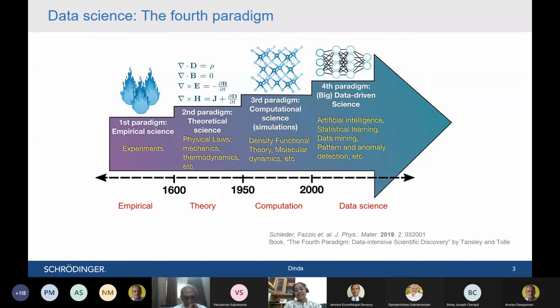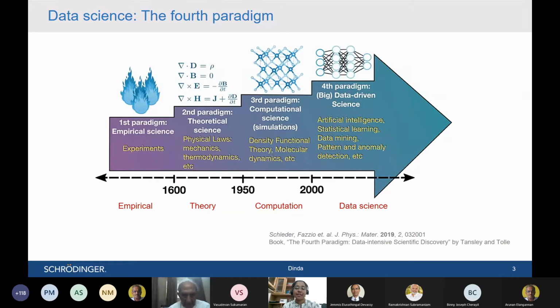Data science is sometimes coined as the fourth paradigm of science, because in this century and in the coming times, we are flooded with data, and if we know how to organize the data, we can learn a lot from it.